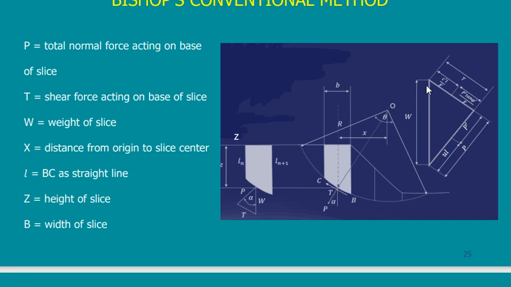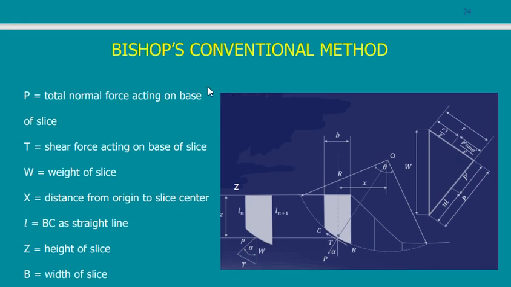This is all that you need to know: Bishop's conventional method studied slices, but a little bit bigger slices, and he studied the stability of each portion using this graphical method.